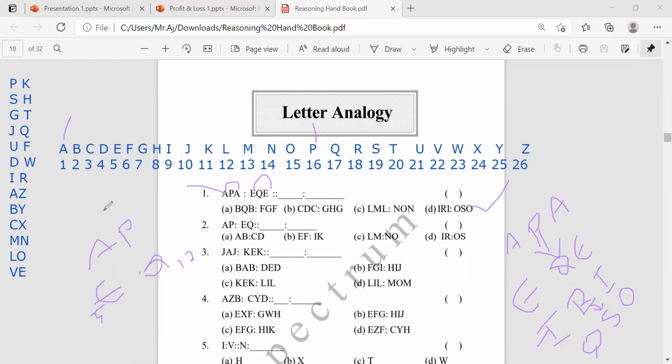What's the difference here? It is 15 and it is 12, so not a different matter. So you just check with the vowels only. A, P, E, Q, and next I and Q. Next R, right? I, R, O, S. Yes.